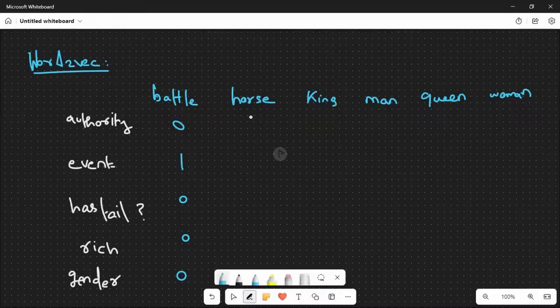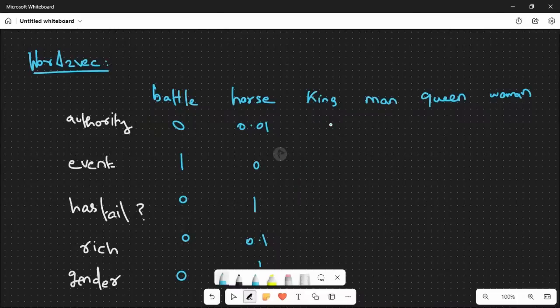Looking into horse, for authority there may be some, so we can go with 0.01. Based on their relation or importance, the value is given. Event is 0. Has tail, yes, absolutely it has, so it is 1. Rich, maybe or maybe not, so 0.1. And gender, I'll keep it as 1.